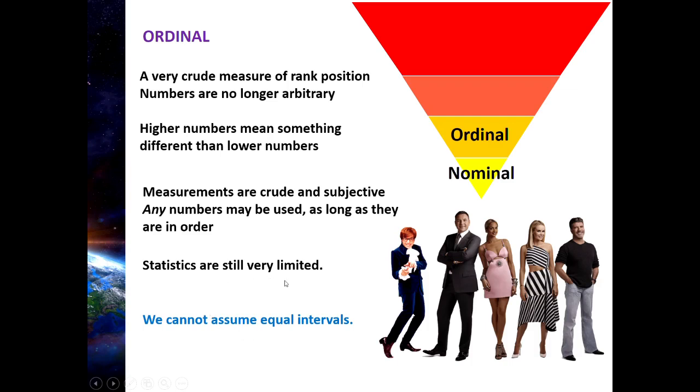Now, statistics are still very limited. There's not a lot of math that we can do on numbers from this ordinal scale. We can still calculate, let's say if there were ties, the mode, the most frequent score. If we felt relatively convinced that there were lots of people of the same height, we could say there's a tie, so there's a mode. The other thing that we could do, as soon as we have numbers that are in order, is calculate something called the median.